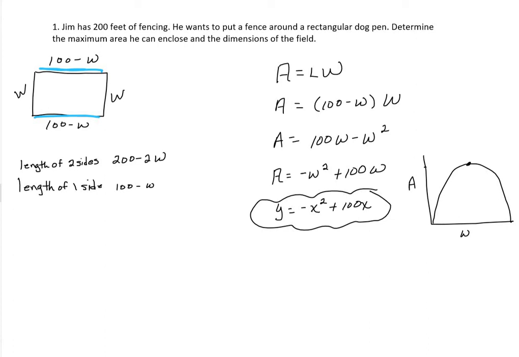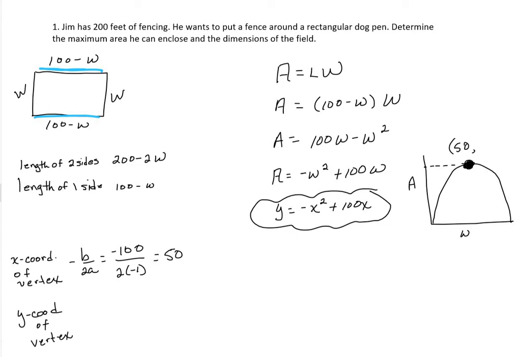So if I want the maximum area, I'm looking for this vertex. So how do I find this vertex? Well, remember the x-coordinate of the vertex is negative b over 2a. So that's going to be negative 100 over 2 times negative 1. So that's going to be 50. So the x-coordinate of this vertex is 50.